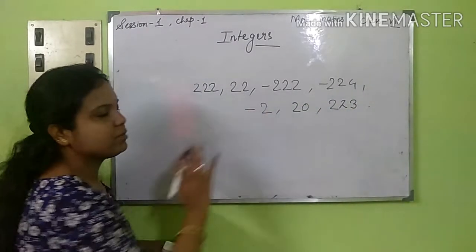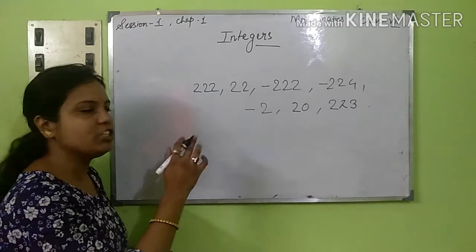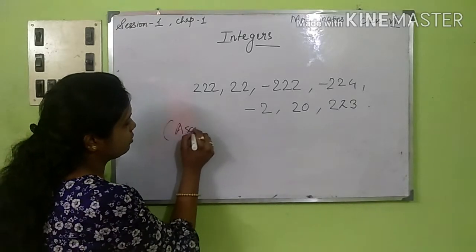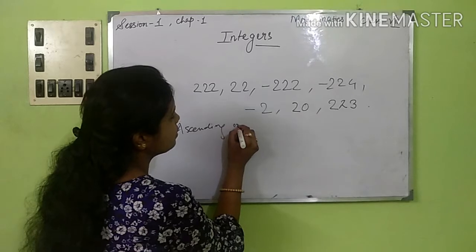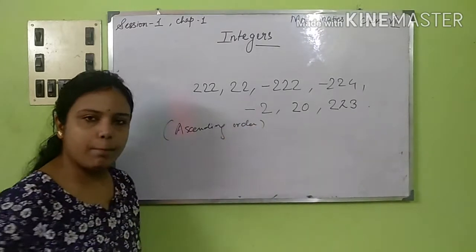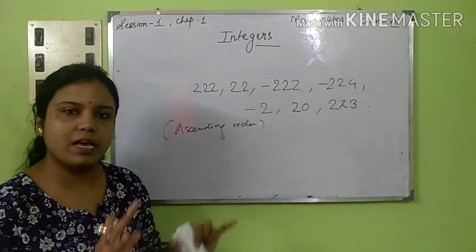Suppose these are the set of numbers that are given to you. You have to arrange that in ascending order. Ascending order means what? From small to big, from smaller number to bigger number.